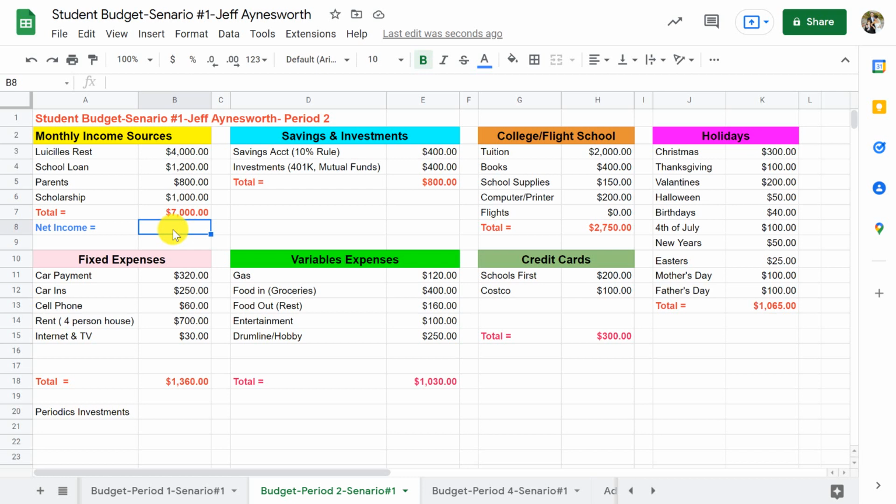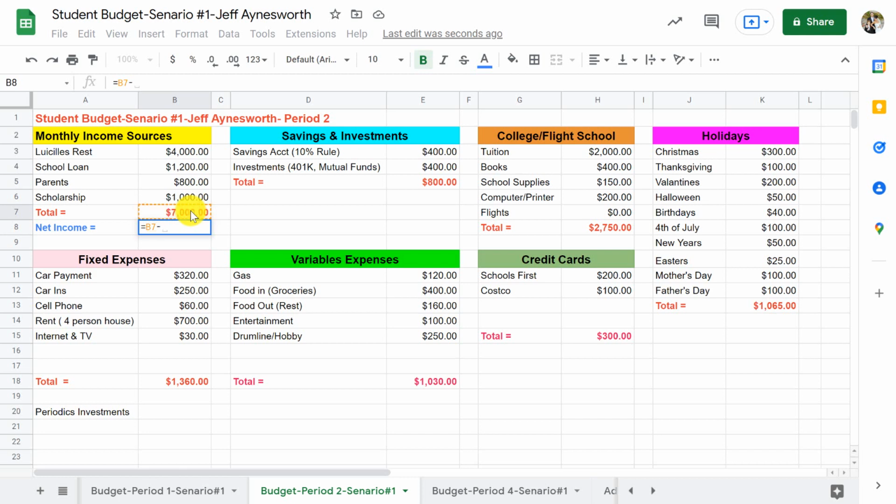Okay, so here we go. Follow me. This is a big step, and I'll go slow because this is the most important step. We start off a formula with an equal sign. What we need to do is take the 7,000, which is in B7 right here, so click on it. We need to subtract all of these expenses, all of them. There are two ways to do it. One way is to subtract the sum of them.